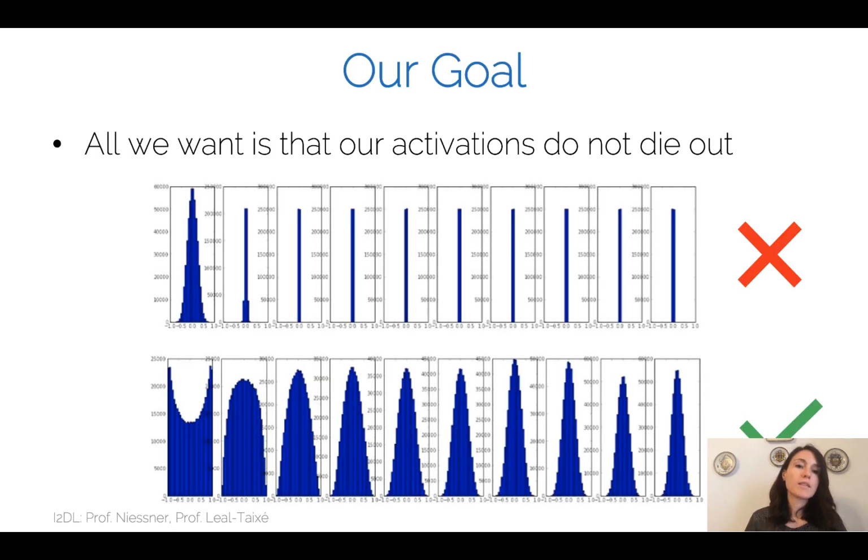Remember the example that we had, where we had this neural network with 10 layers, and we made this experiment where we input a unit Gaussian, and then we see how this unit Gaussian evolves. So how the neural network treats it if, for example, we initialize our network with very small weights. We remember that we had this case at the top where all the values were collapsing to zero.